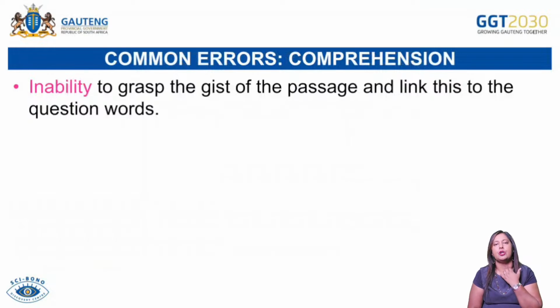With regards to the comprehension, we found that many of the learners were struggling to get the gist of the comprehension passage. Remember, when you're going through the skimming and scanning process when reading a text, you need to get the gist, the main idea of what that text is talking about, and that would then be needed to link to the title.